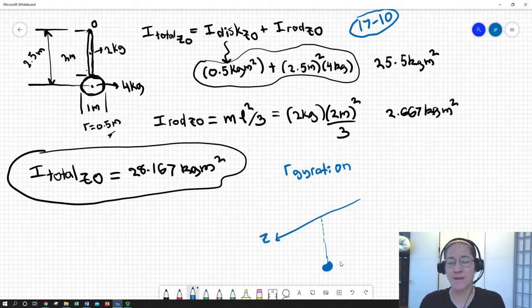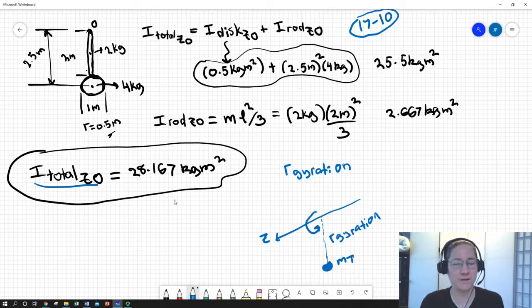Such that mass total, if it was placed at this radius, and rotated about the axis in question, would give the same I total as the whole rigid body.